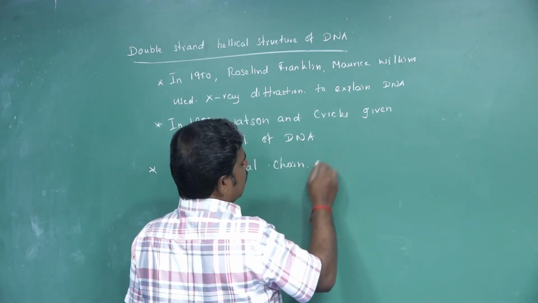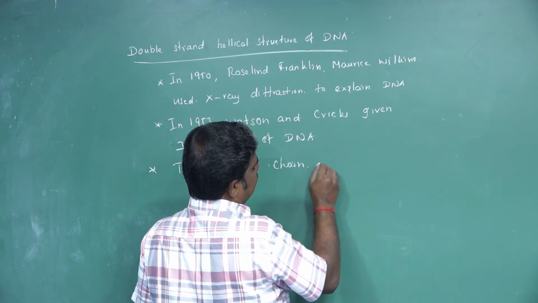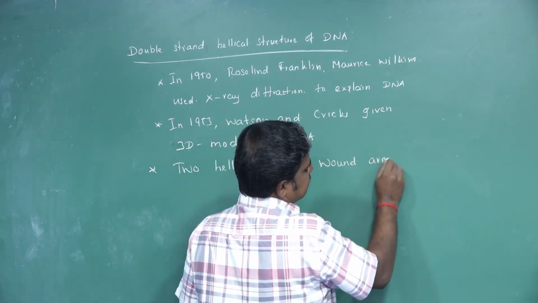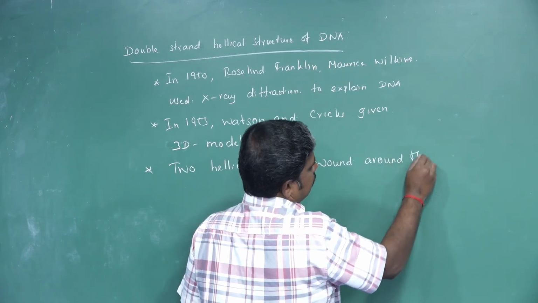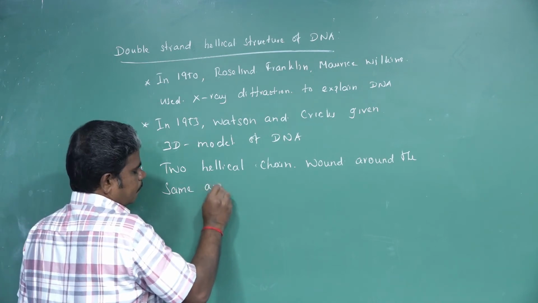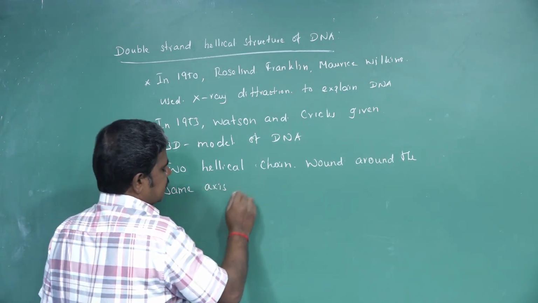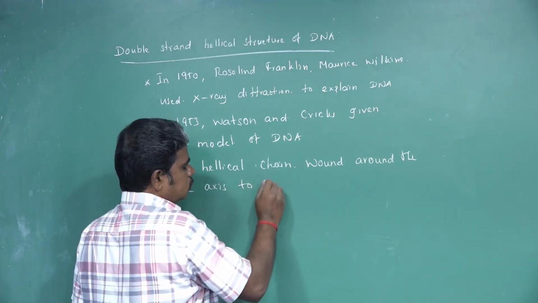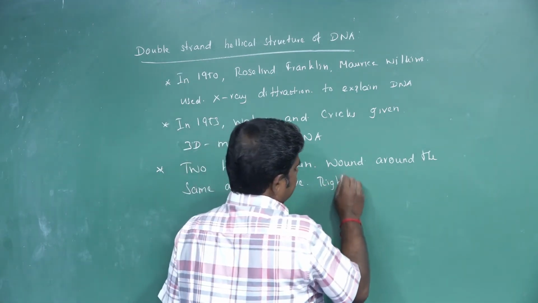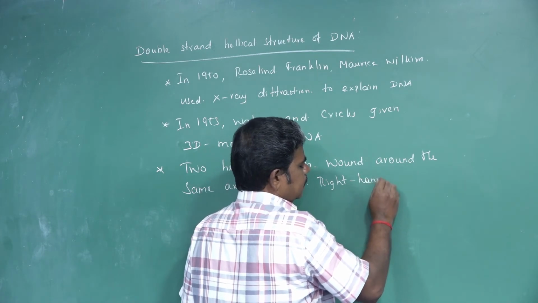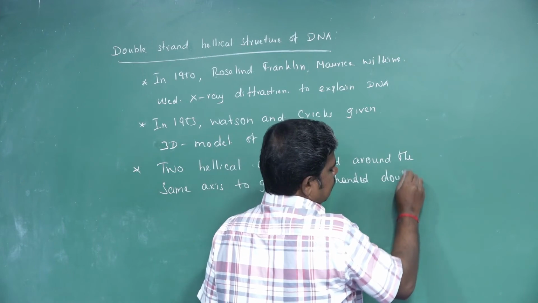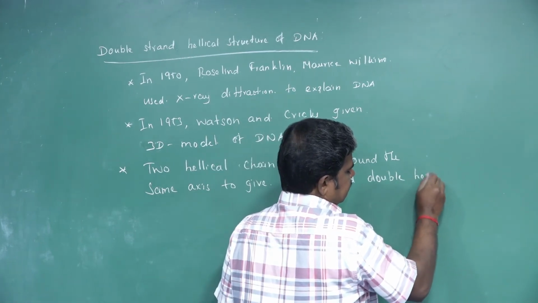So the two helical chains are wound around the same axis to give the right-handed double helix.